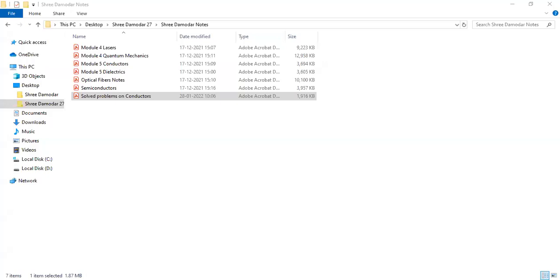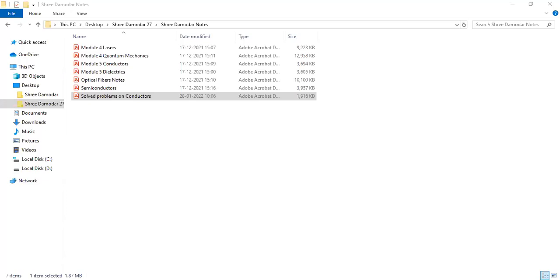Multiplying f of E with e power this thing plus 1, f of E into e power (E minus EF) by KT is the first term, and f of E into 1 is f of E, and this should equal 1. Now take this f of E to the right hand side. You will get 1 minus f of E is equal to f of E into e power (E minus EF) by KT. Now take log on both sides.